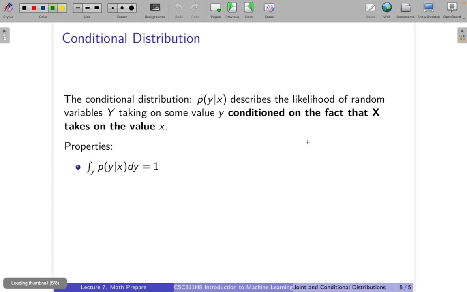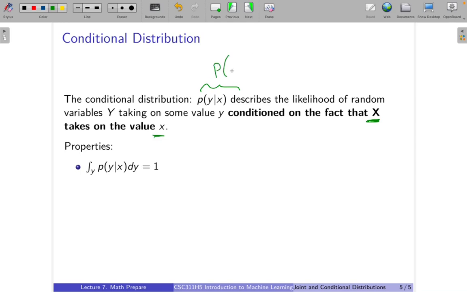A conditional distribution, like this one, describes the likelihood of y taking on some value conditioned on the fact that my x random variable takes on the value little x.